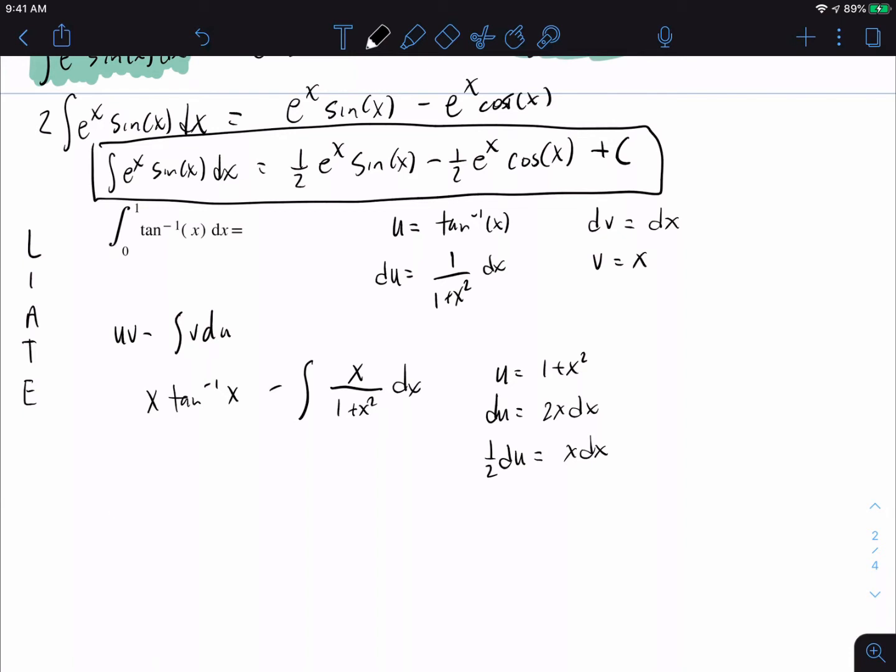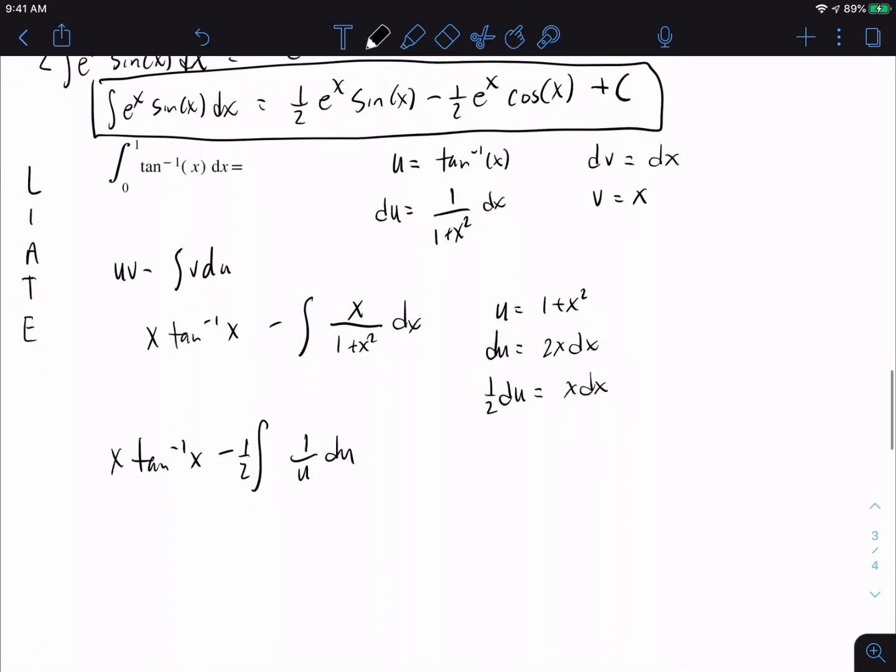Yes. So I'm going to get x tan inverse of x minus my new integral is going to be 1/2 1 over u du. So I'll get x tan inverse of x minus 1/2, and the integral of 1 over u is?